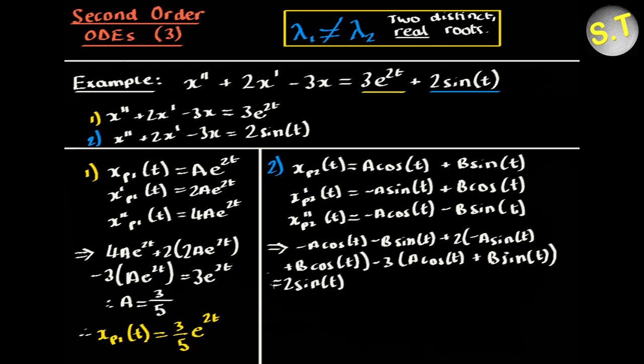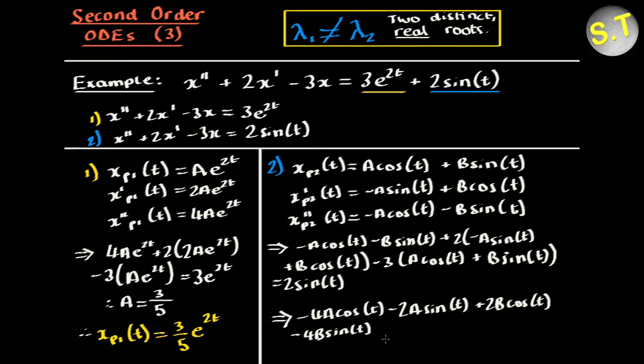So this will move to minus 4a times the cosine of t, minus 2a times the sine of t, plus 2b times the cosine of t, minus 4b times the sine of t, is equal to, still, 2 times the sine of t.